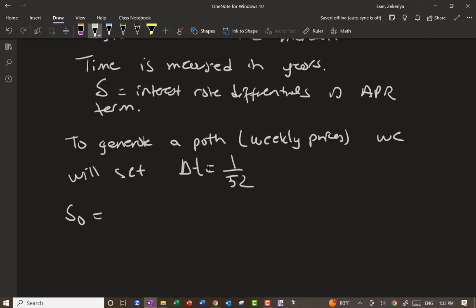We will let S0 be the current spot exchange rate.